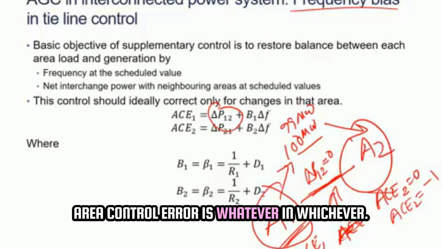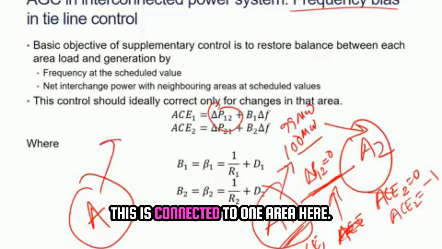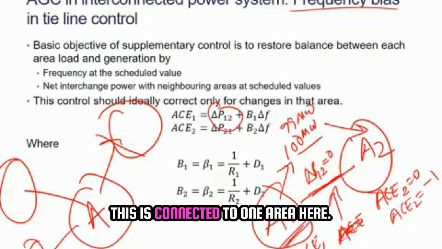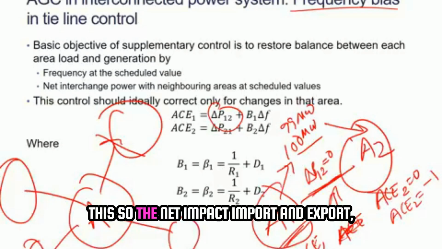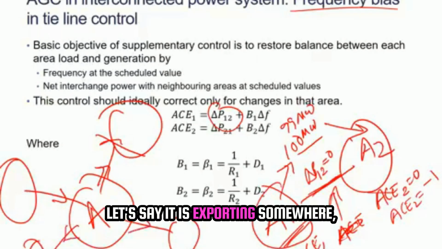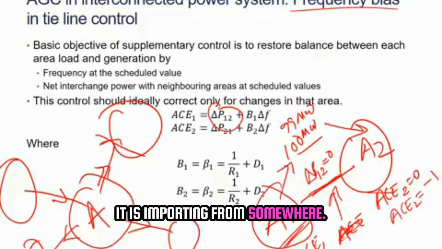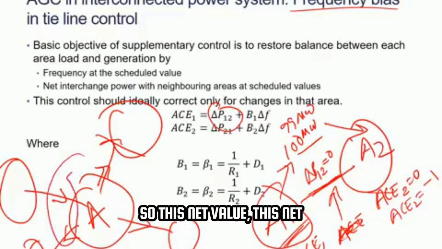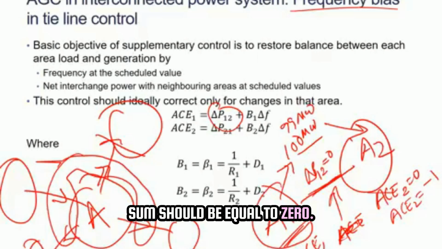Area control error is, let's say this area is connected to one area here, this is connected to one area here, and this is connected to one area here. So the net import and export, let's say it is exporting somewhere and importing from somewhere, this net sum should be equal to 0.